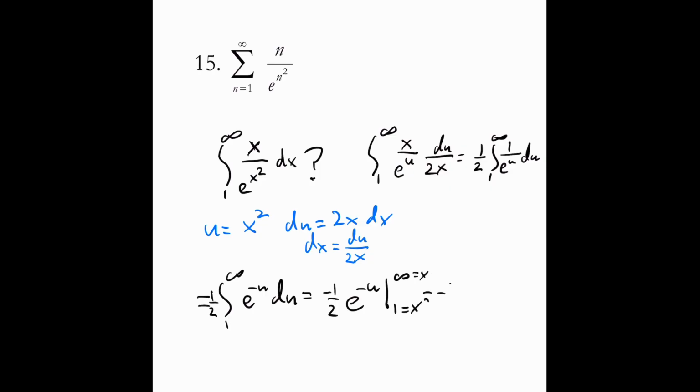So let's get this back in terms of x. e to the negative x squared from infinity to 1. And we can recall this actually goes to, what's it going to be? 1/2 e to the negative first, which is finite. So our integral converges.